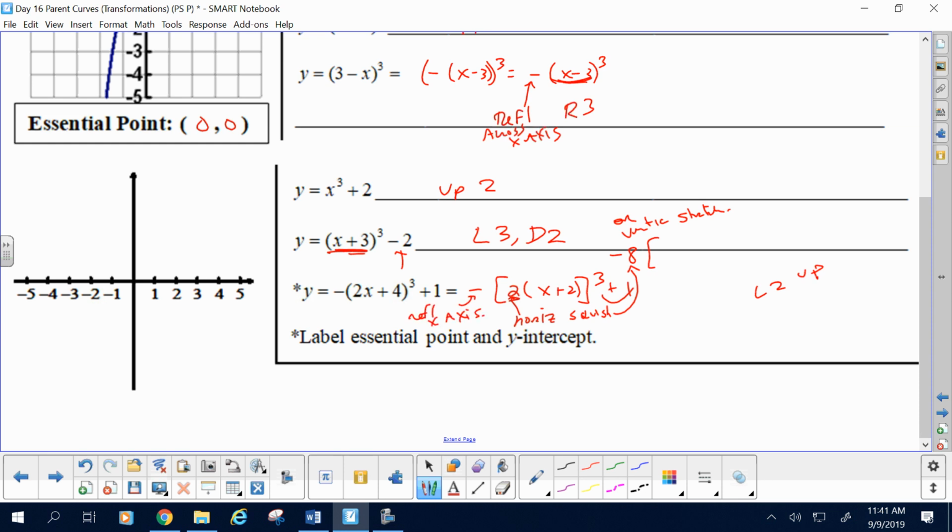So, would you please sketch this one here? Focus on finding the essential point, the middle of the curve, and then focus on the shape.